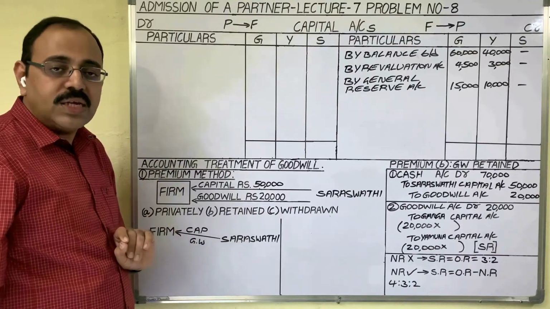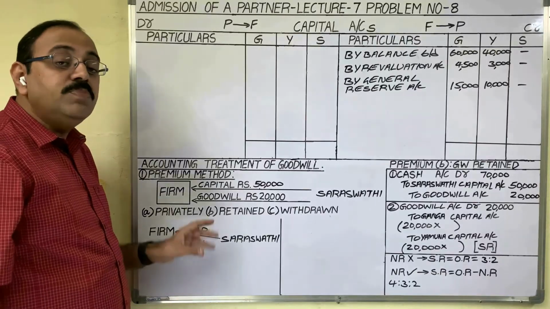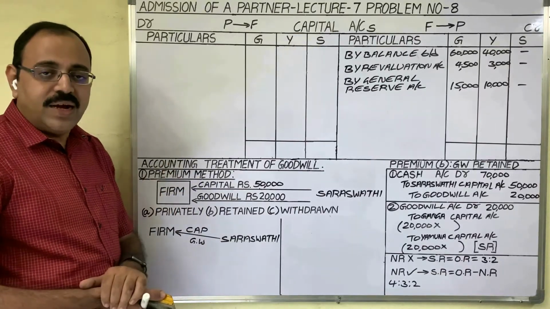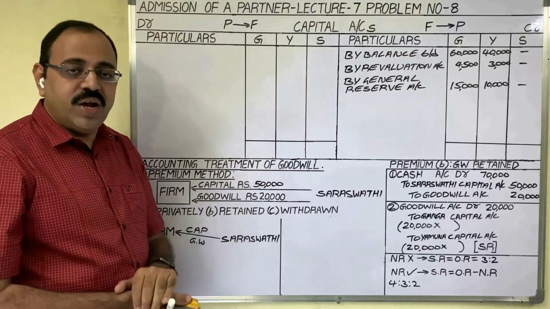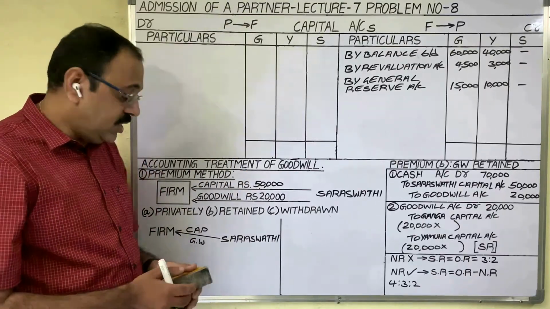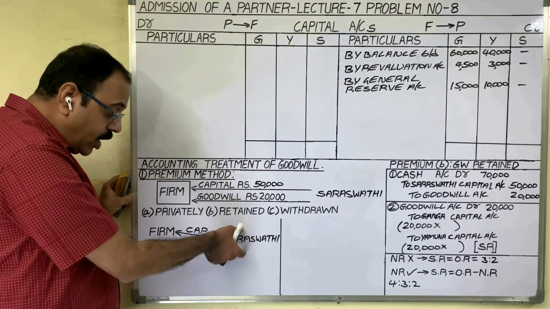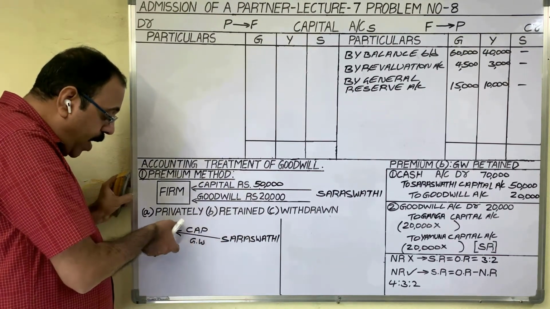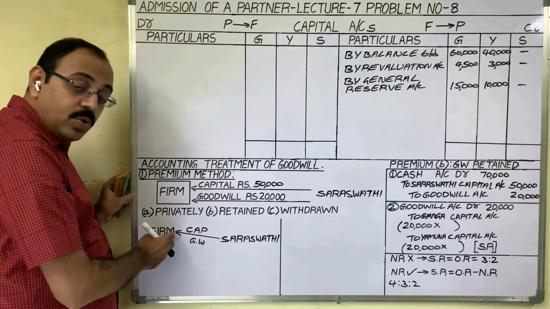When the new partner is coming, she is bringing capital and goodwill. We have to observe the old balance sheet asset side. Cash balance is given, bank balance is not given. Then our assumption is that this capital amount and goodwill amount, these two are coming from the new partner to our firm. Directly cash is coming into our firm.